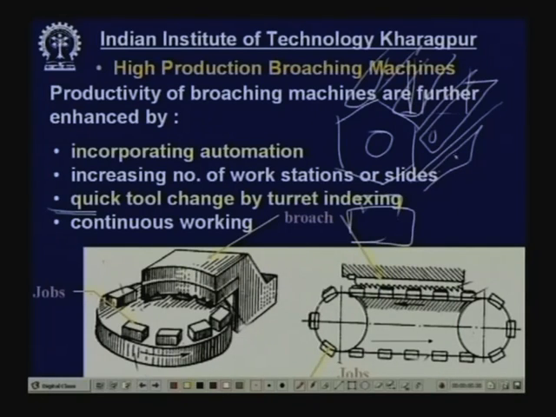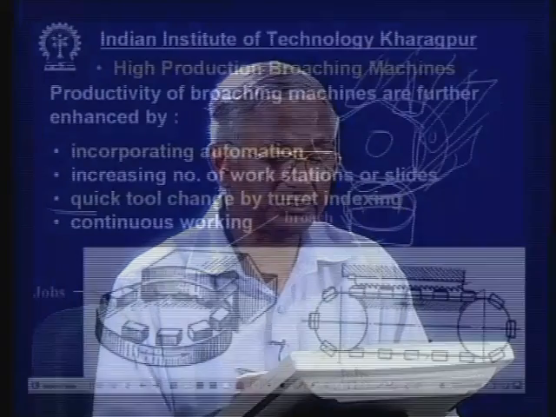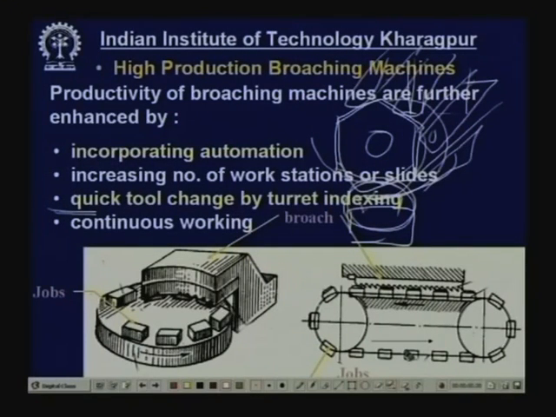One broach will do some work first, then it will go out, another broach will come into action, then another. So, successively 6 broaches will come forward and do 6 different works on the job, and in one spell you can get the entire job complete. This way the productivity can be enhanced.